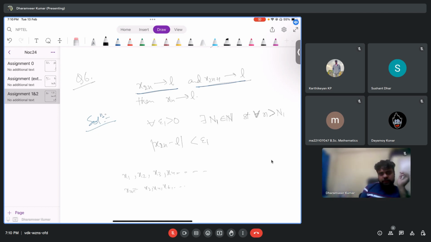So there is some n after which this is happening. There is some number which is a multiple of 2, like maybe x100, after which for a given epsilon, this is true. So n1 is just 50.